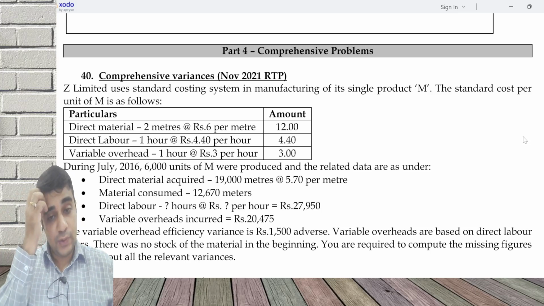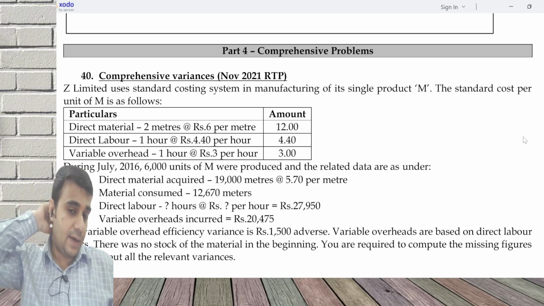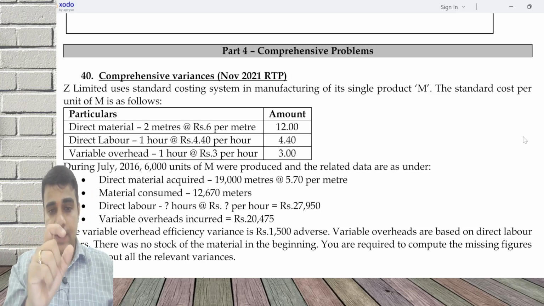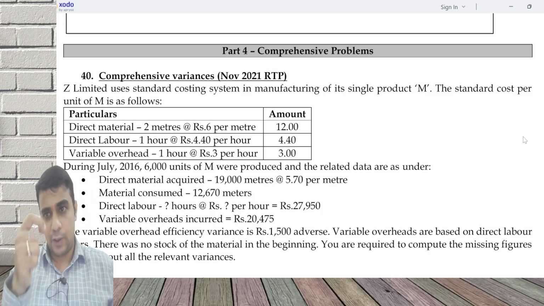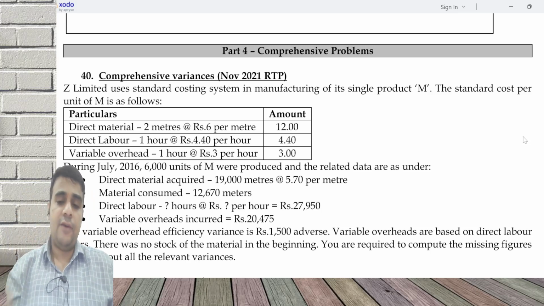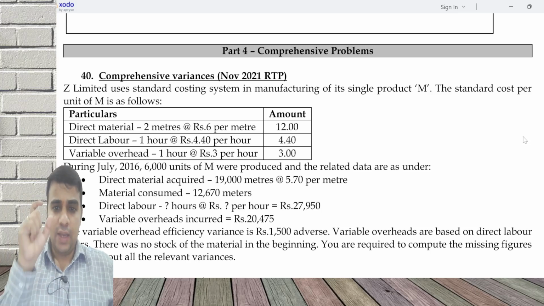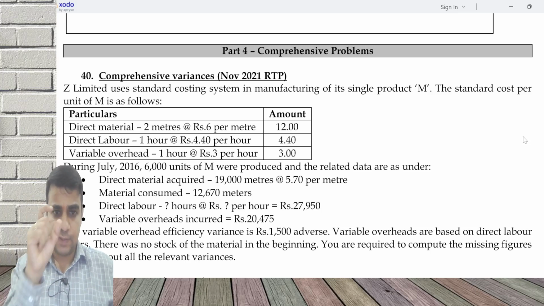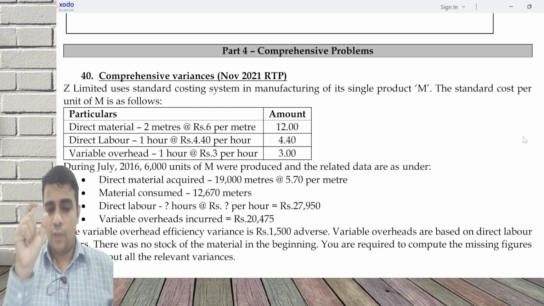Fixed overhead we had two situations where one is with calendar, one is without calendar: SR into SH, SR into AH, SR into BH and AFOH, or SR into SH, SR into AH, SR into PH, SR into BH, and finally you have something called as AFOH. Main variance is called as your cost variance split into expenditure and volume. Volume can be split into efficiency, capacity and calendar.